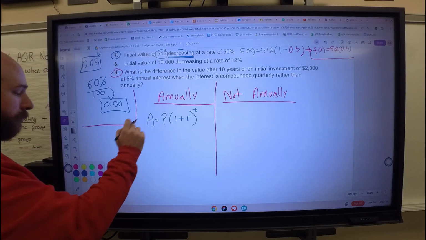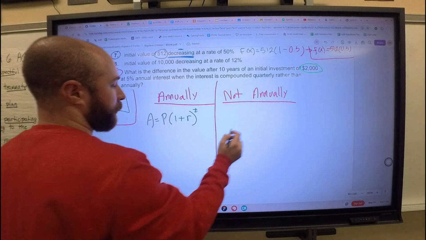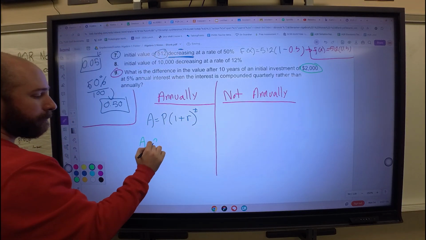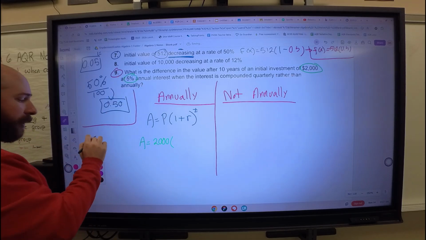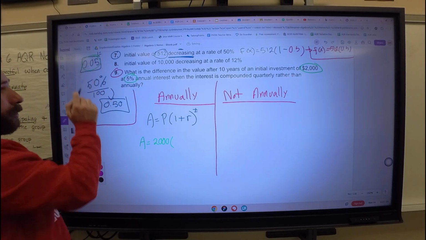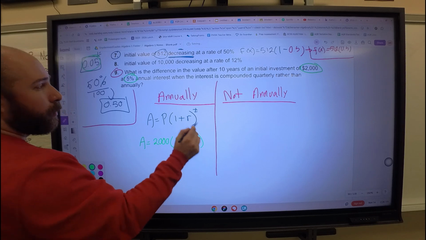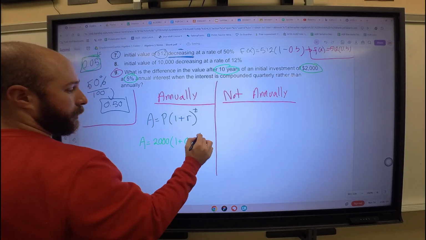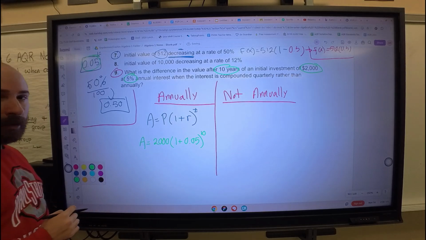So if we plug our numbers in, we have an initial investment of $2,000. That's our P. We have a rate increase of 5%. That's our 0.05. And we have a time of 10 years.